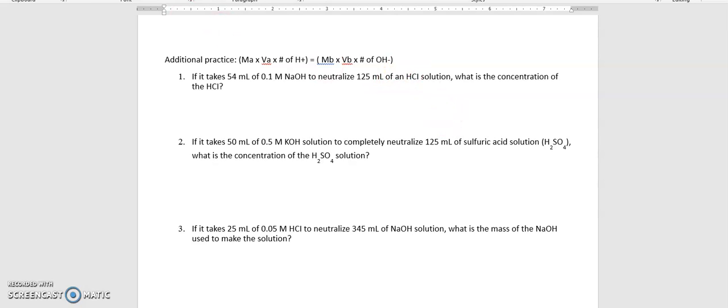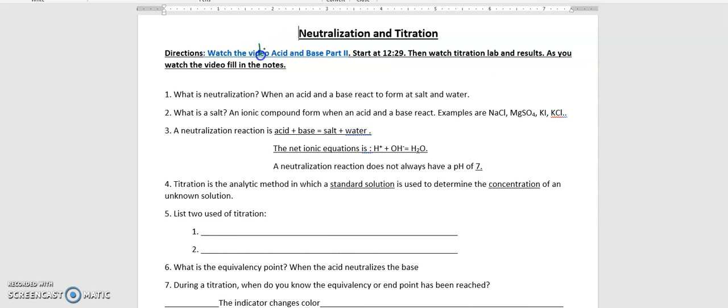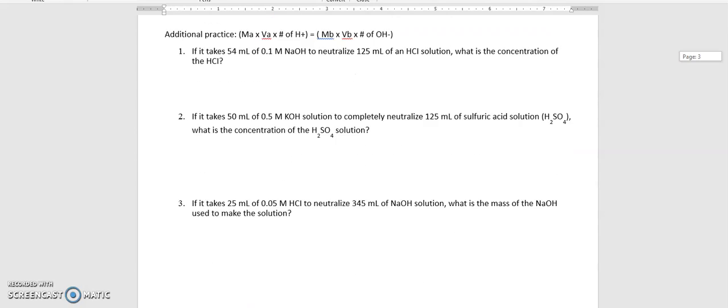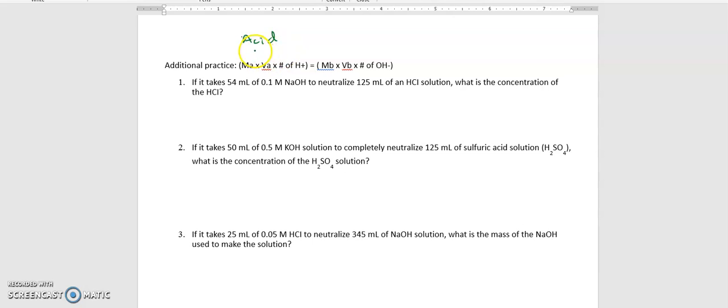Remember, in a neutralization reaction, we're going to have an acid, our hydrogen ion donator, plus our base, which will have our hydroxide, and that's going to yield for us salt, which is our ionic compound, and water every single time. So this is our neutralization reaction.